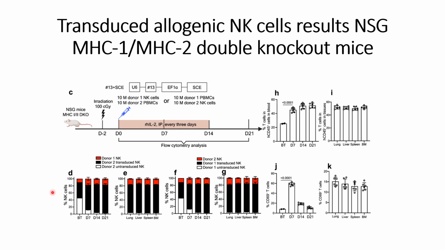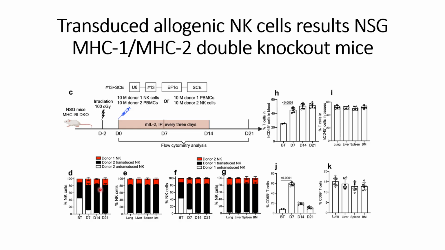What they are able to see is that in the NK cells just before day 1, there is a suppression of the donor 2 untransduced NK cells, indicating that the T cells are suppressing or killing these untransduced NK cells, but they are not affecting the transduced NK cells.